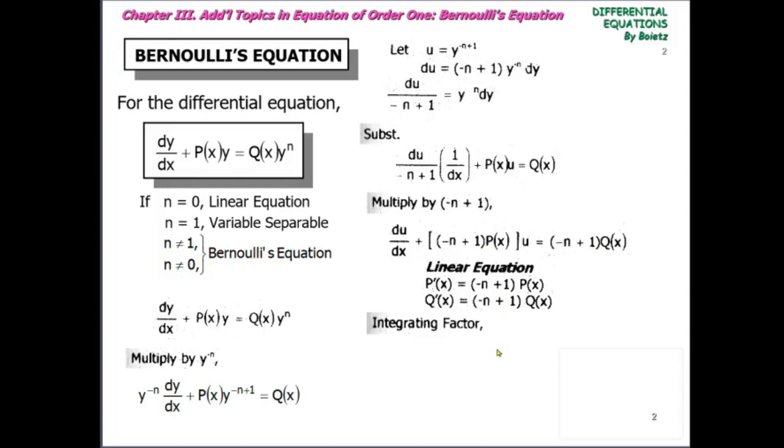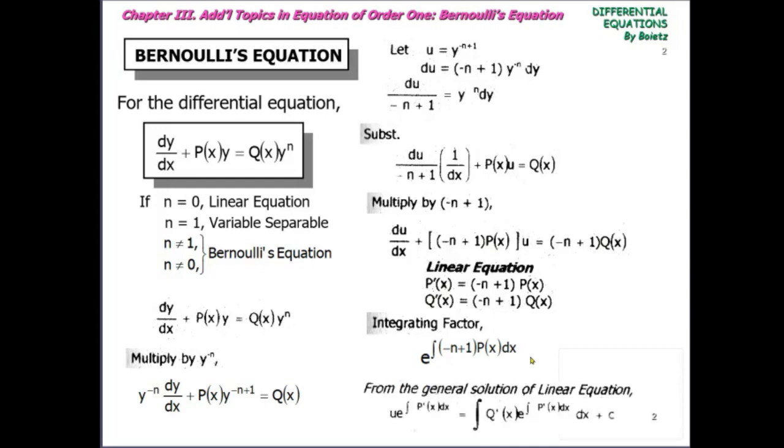Then therefore, the integrating factor is equal to e raised to the integral of px dx dati nun, di ba? So the integral of p prime x dx, or the integral of negative n plus 1 px dx. So that is the integrating factor. Okay. Then from the general solution of linear equation, this one is linear in u.